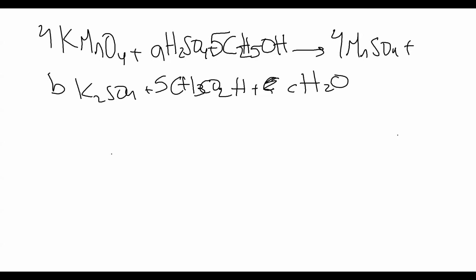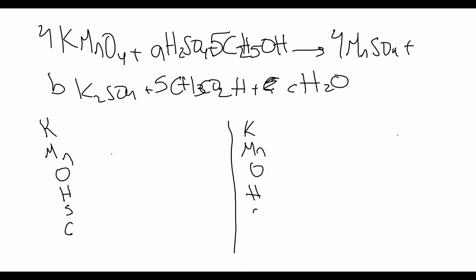Okay. So first thing, we have to write the elements on both sides here. So K, Mn, O, H, S, C. These are the elements. And we write the same here: K, Mn, O, H, S, C. Okay, here for K we have only 4.